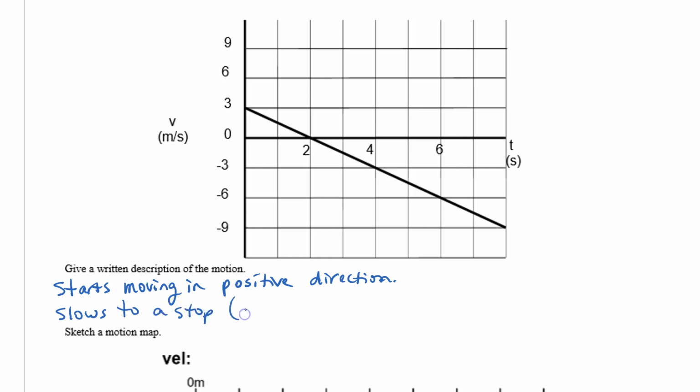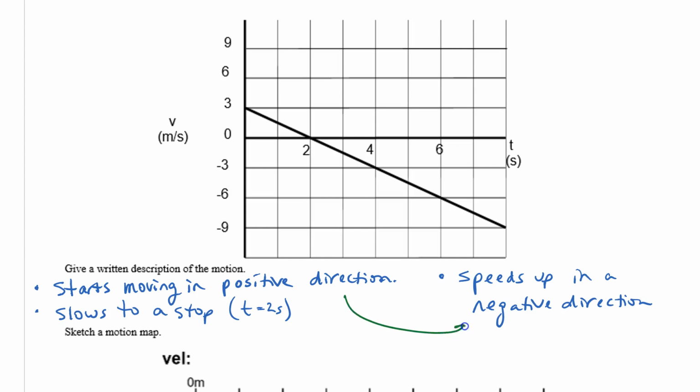And that's at 2 seconds. I'll do bullets here, just to keep track of things. And then after that, at this point, now it speeds up in a negative direction. So really between moving in a positive direction and moving in a negative direction, just to point this out, it changes direction.